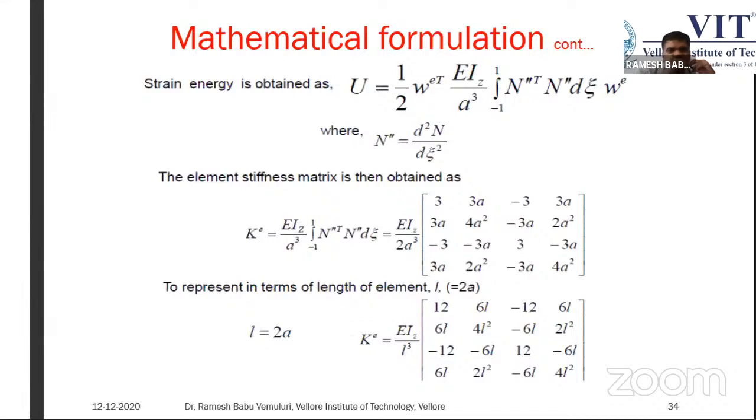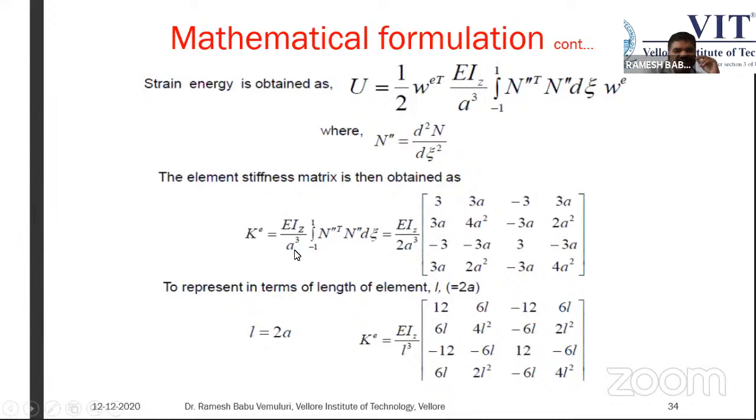So the strain energy absorbed is obtained by U, which is equal to half, in the elemental way, what we got here. We got the stiffness of the element from the potential energy, or strain energy.